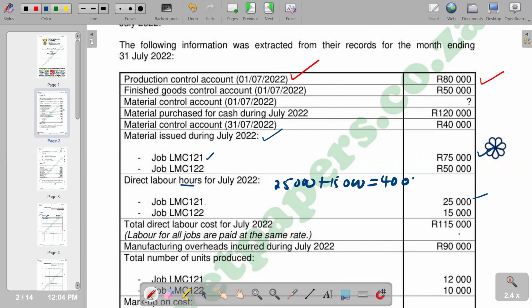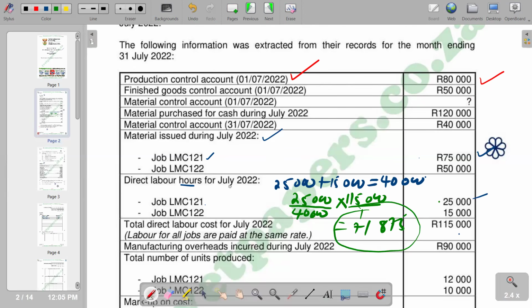So 40,000 becomes the denominator, and we make a fraction by saying job 121 is 25,000 over 40,000, times the total labor cost of 115,000. We do that and get an answer of 71,875. So this becomes our direct labor cost for job LMC 121.